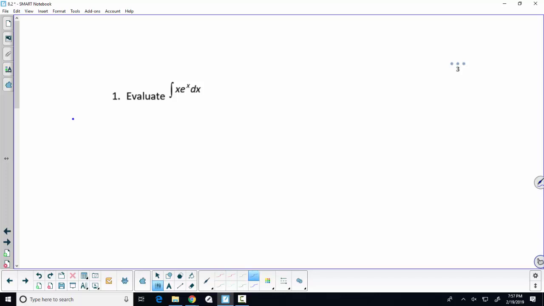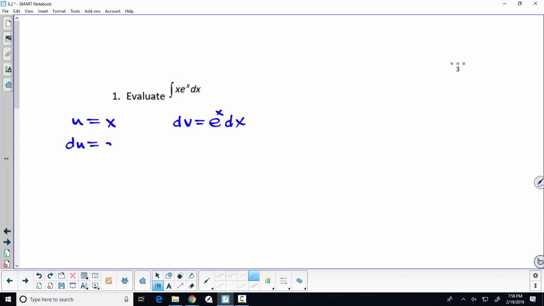So we should let u equal x, which means dv is, good, all right, e to the x dx. du is 1 dx, or just dx.